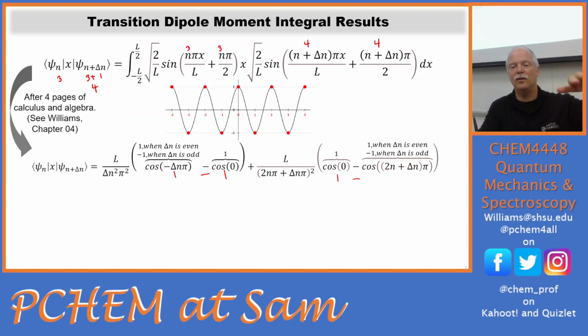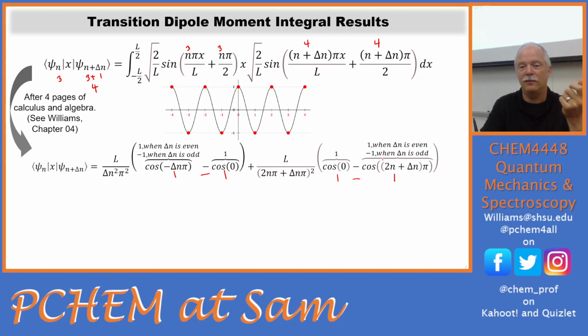So whatever our lower state is multiplied by 2. Well, that ensures that that piece is even, because an odd number times 2 is going to be an even number. So this piece is even, and when delta n is even, you have the sum of 2 even numbers. That's never going to be odd. And so when delta n is even, we have an even multiple of pi, which gives us a 1, and that means this piece goes to 0 as well.